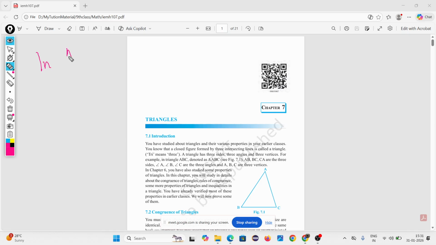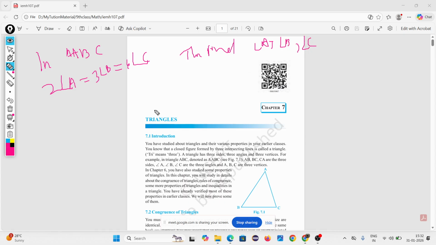In triangle ABC, 2 angle A equals 3 angle B equals 6 angle C. Then find angle A, angle B, angle C. Have you understood this question?